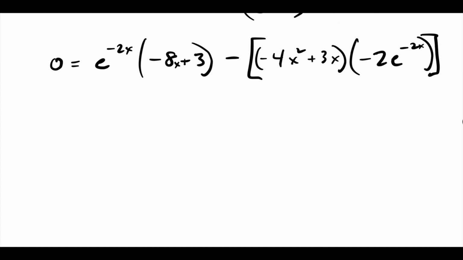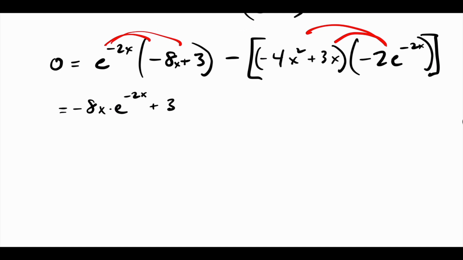So this guy, some of you are like, distributive property. Sure, let's do that. Distributive property. Okay, and then in here I have to do distributive property over here. So I'm going to get negative 8x times e to the negative 2x plus 3 times e to the negative 2x when I distribute.